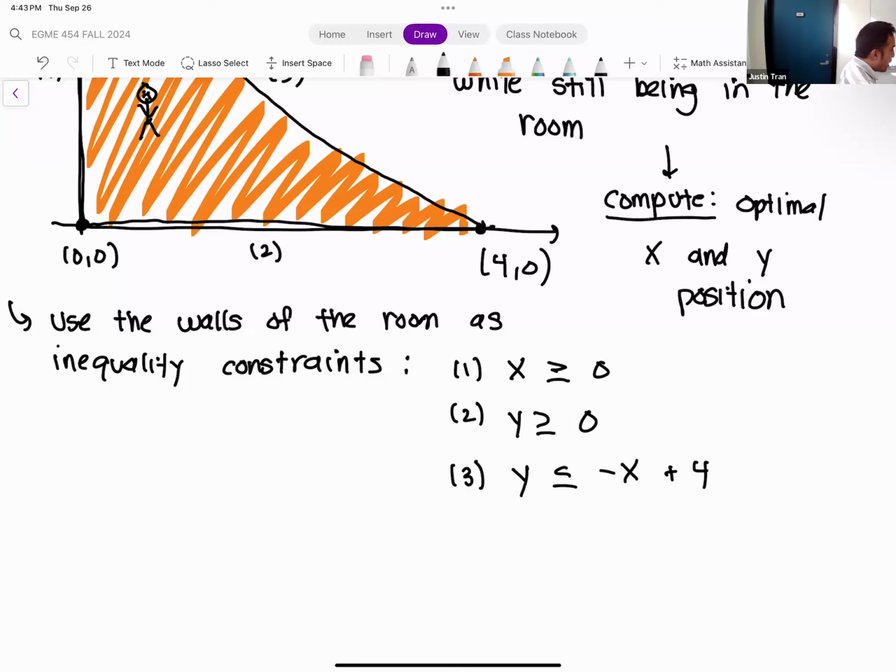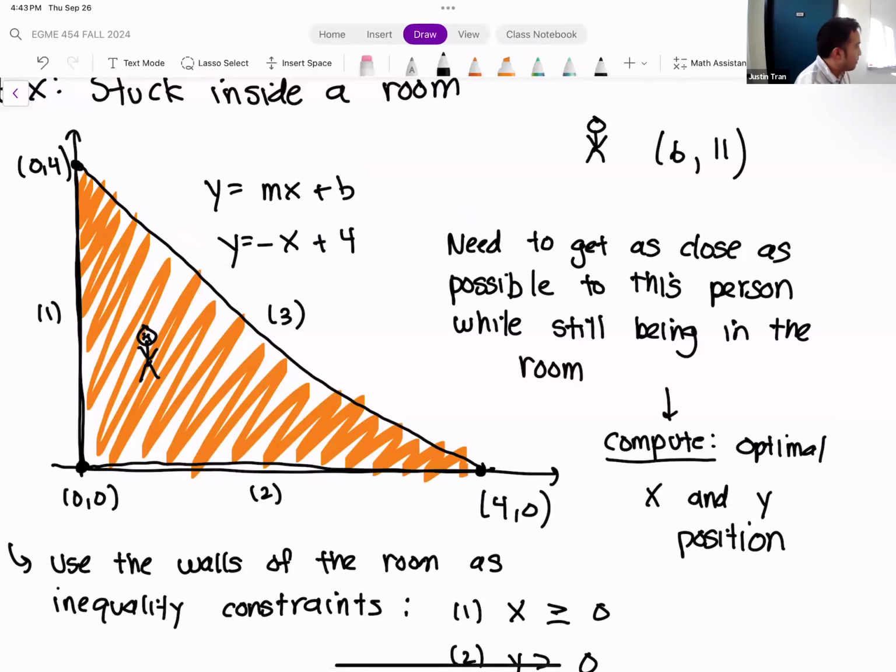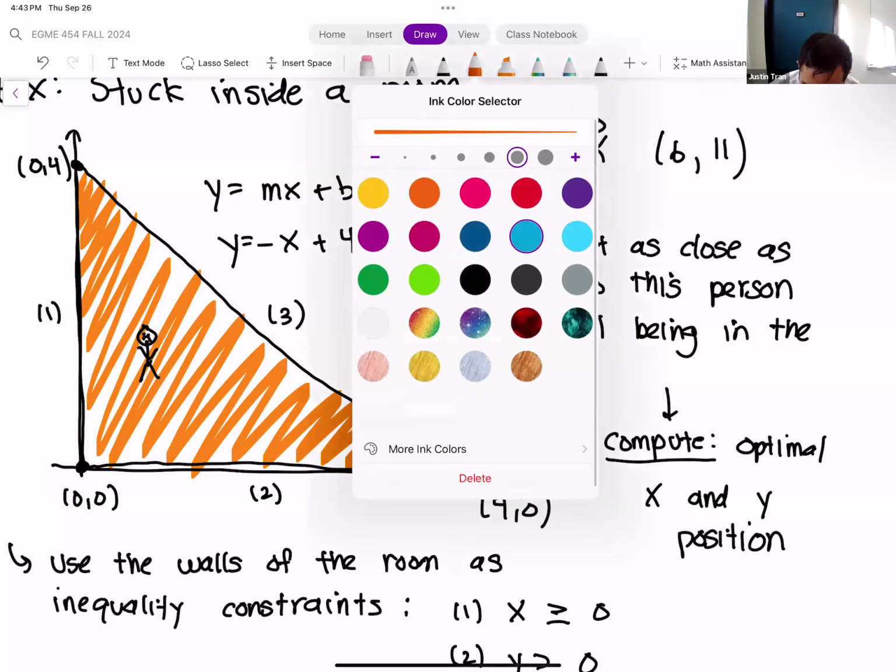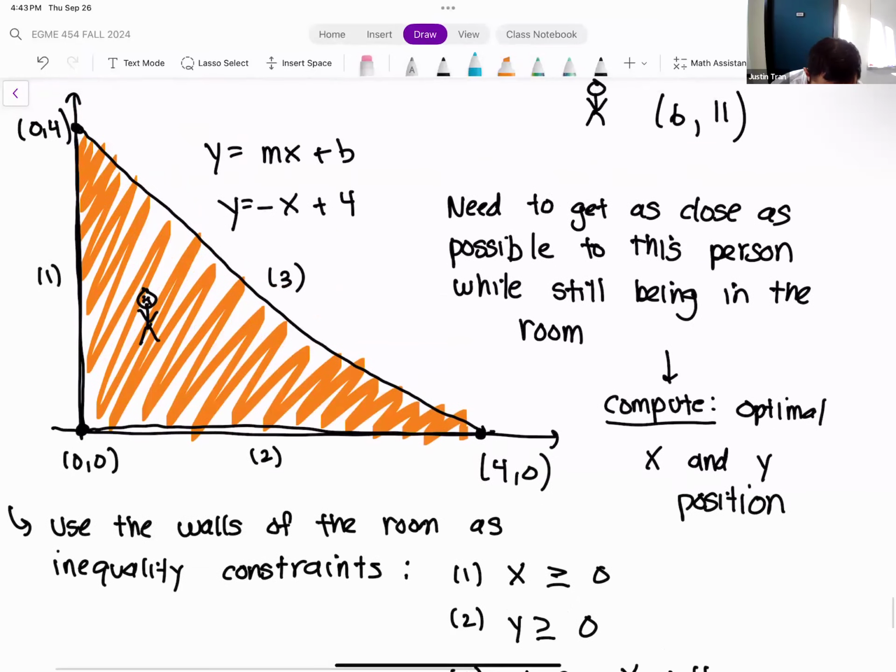So this is one of those situations where you can look at the problem and try to guess intuitively which of these constraints will be binding. Okay. So if the person that's going to help you is located at position 6, 11, right? You're probably going to be as close as you can to this slanted wall. I don't know exactly where you would be, but probably somewhere right here.